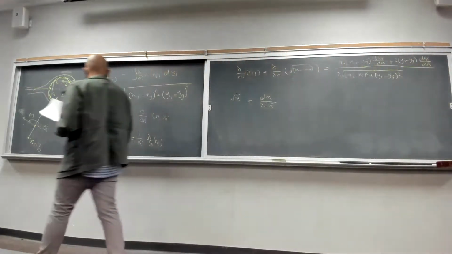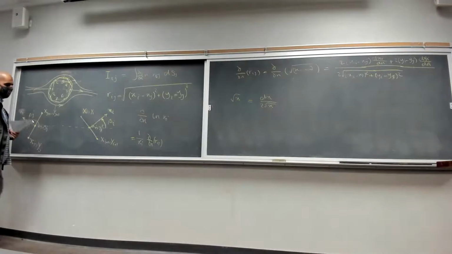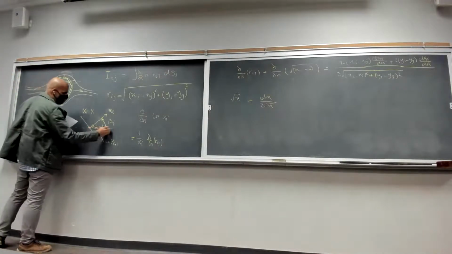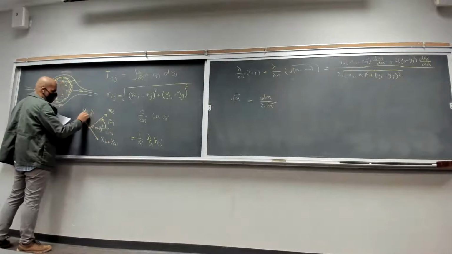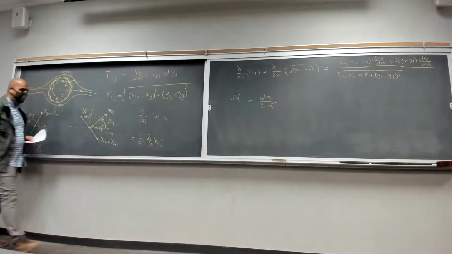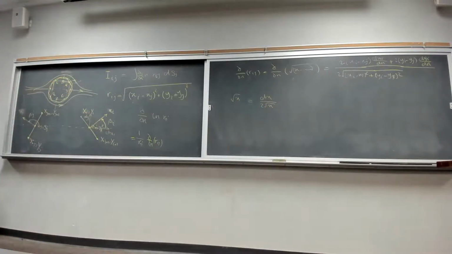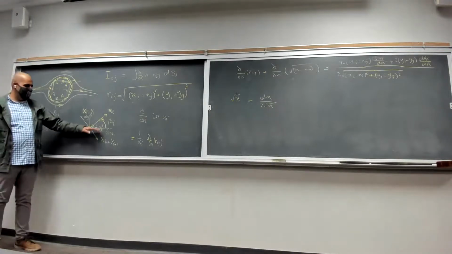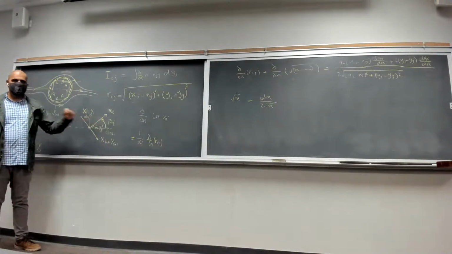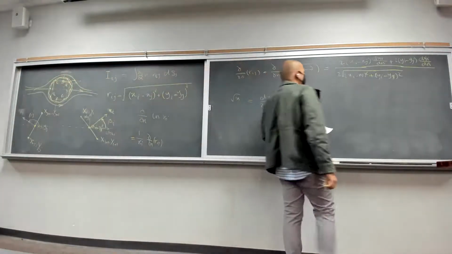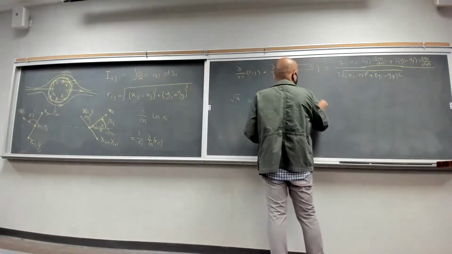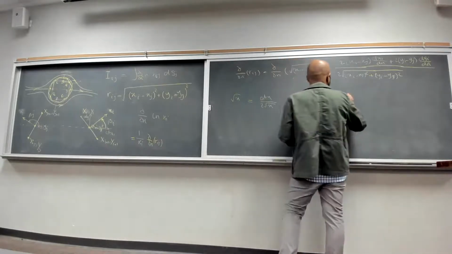Okay? And if you come here, you can see that this is going to be your dxi, this is going to be your dyi. So dxi divided by dn is going to be cosine of beta, and dyi divided by dn is going to be sine of beta.